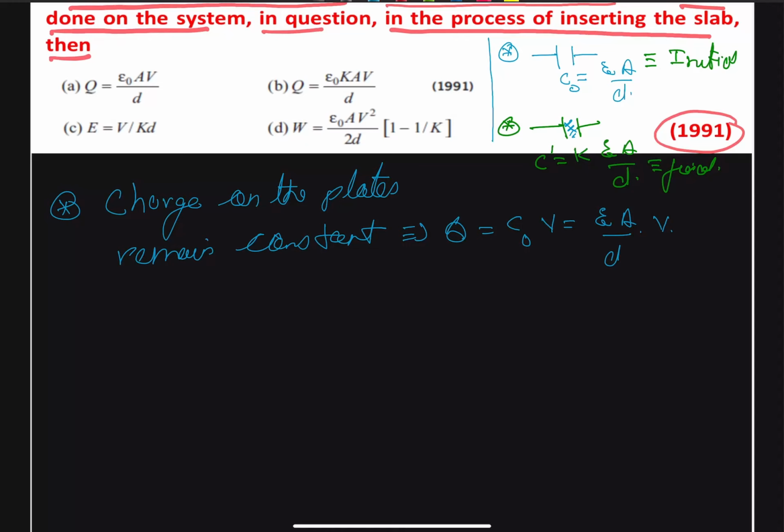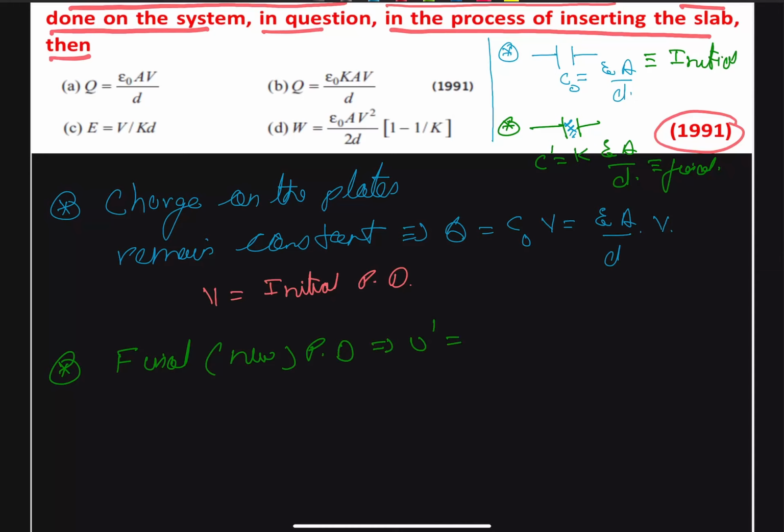And suppose the final potential is V prime. So here this V is the initial potential difference, and let us say the final or new potential difference is given as V prime.